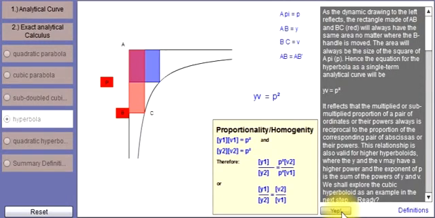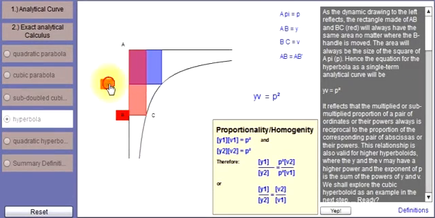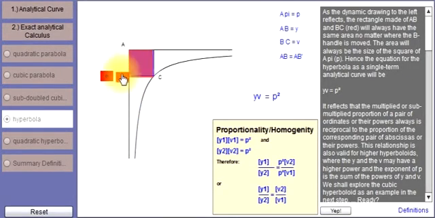So let's go now to the hyperbola. The hyperbola has a different arrangement in terms of the analytic expressions. They're still analytical curves because you can express them with an exact analytical calculus, or an analytic expression, as we call it here.